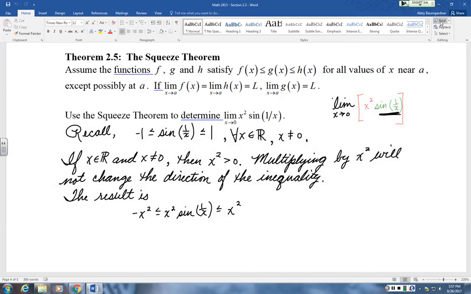All right, so we've got our sine of 1 over x in the middle portion of our inequality. We now are multiplying it by x squared, so the last piece we need in there is the limit. And so we are going to remind ourselves that we can apply a limit to anything we want. So we are applying the limit to all pieces of this inequality. This double bar arrow is the mathematician's way of saying if, then.